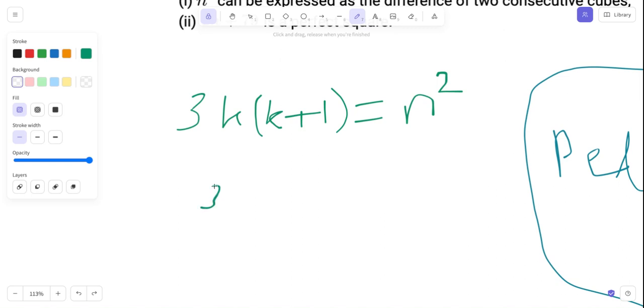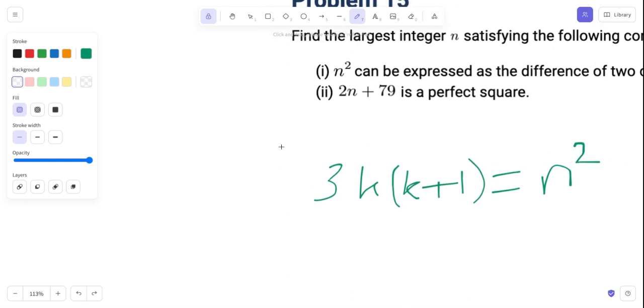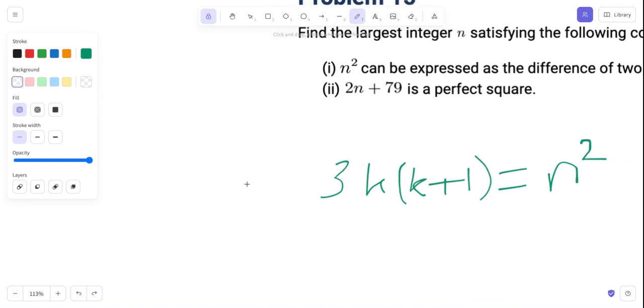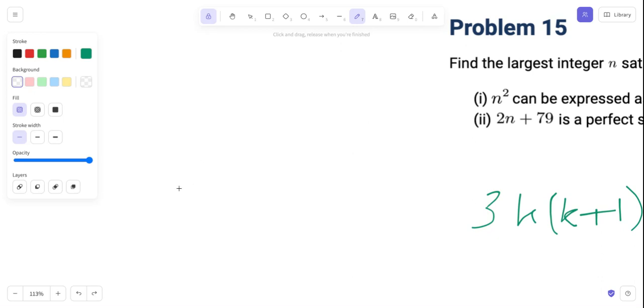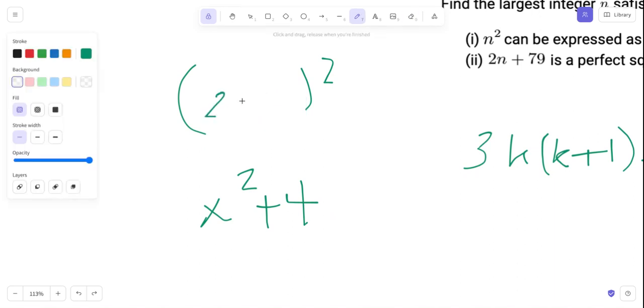If you play around, this is also another very advanced trick. Not very advanced, but it's something used in advanced situations. Notice that 2x plus 1 squared is equal to 4x squared plus 4x plus 1.